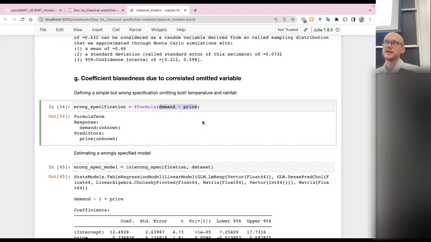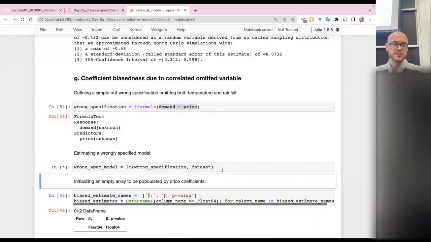So we are here omitting temperature, which we know has an impact on demand. We are also omitting rainfall, but this is actually a good thing because we know that rainfall is not significant. But having missing temperature might result in some problems. We will see soon, okay?